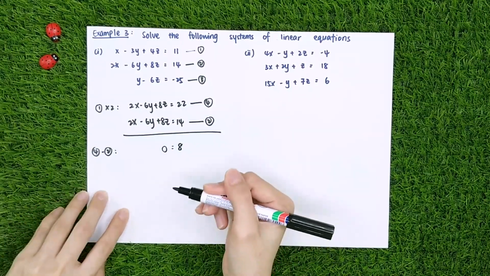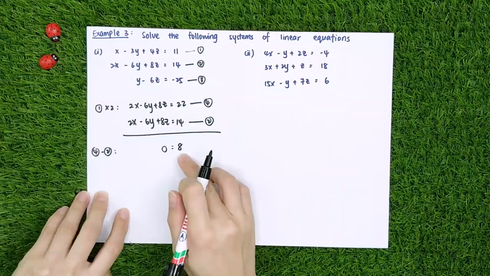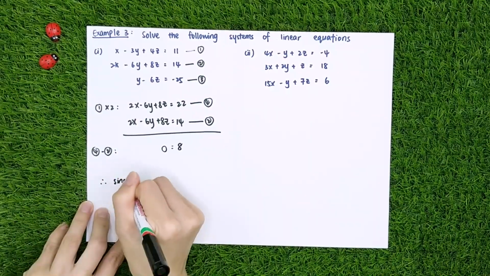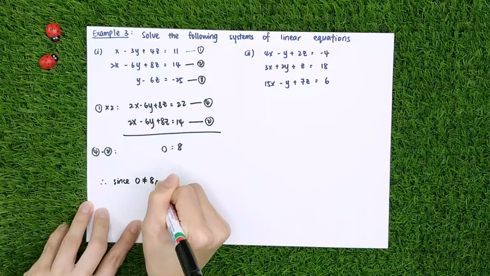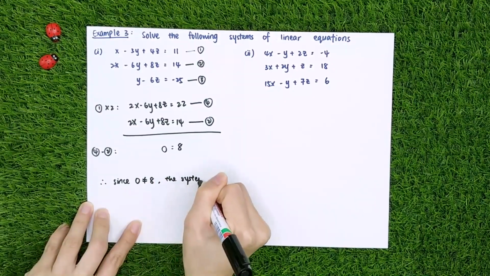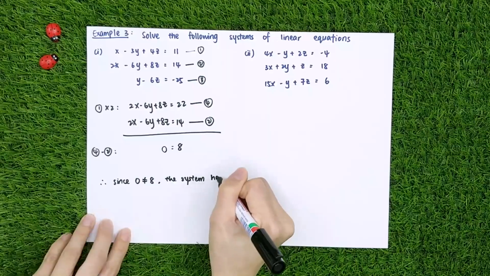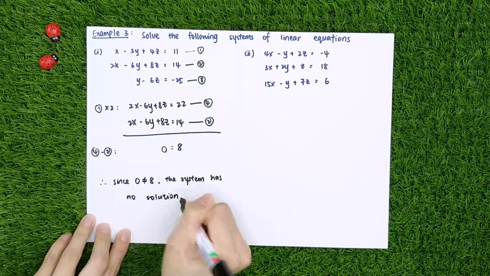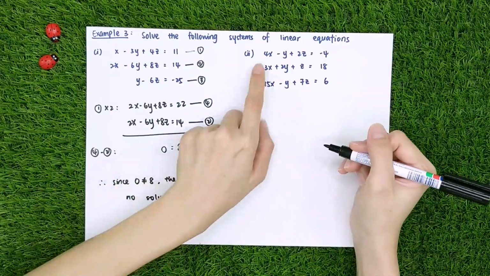It is impossible to say that 0 equals 8. So I can make the conclusion that since 0 cannot equal 8, the system has no solution.